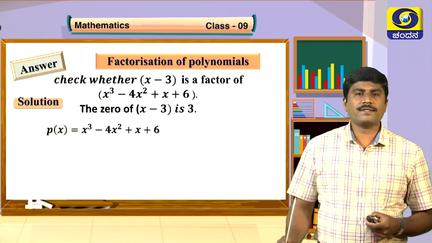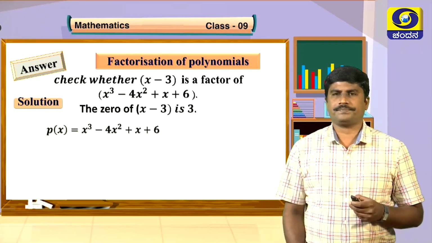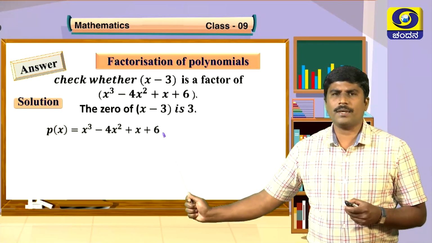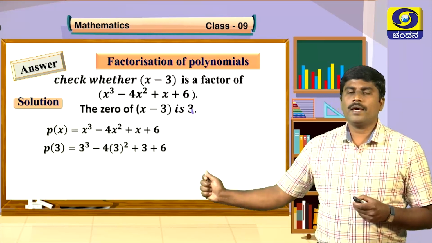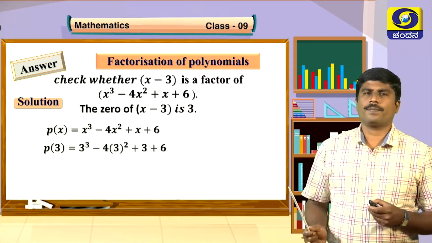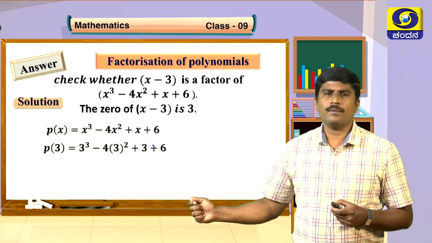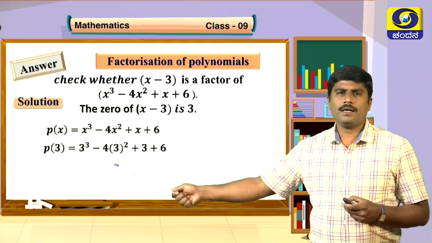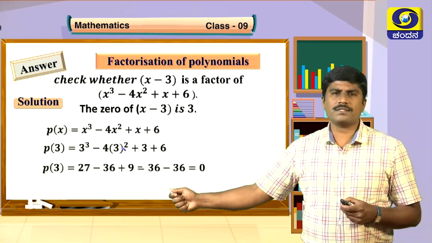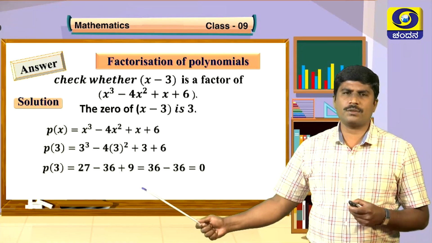Now p of x is equal to x cube minus 4x square plus x plus 6. This is the polynomial. Wherever x is there, we substitute the value 3. So we get 3 cube minus 4 into 3 square plus 3 plus 6. Here 3 cube means 27, 3 square means 9, and 9 fours are 36. 3 plus 6 is equal to 9.